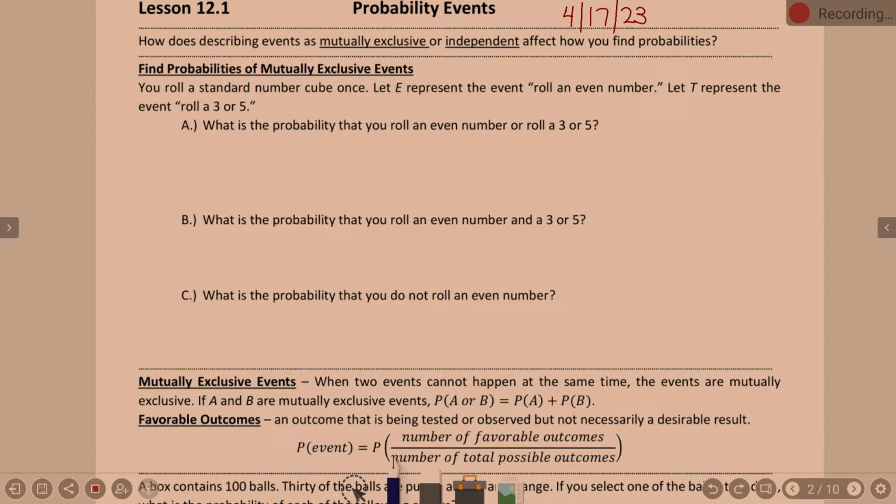You roll a standard number cube once. Let E represent the event of rolling an even number. Let T represent the event of rolling a 3 or a 5. And then what is the probability of rolling an even number or rolling a 3 or a 5? Thoughts?